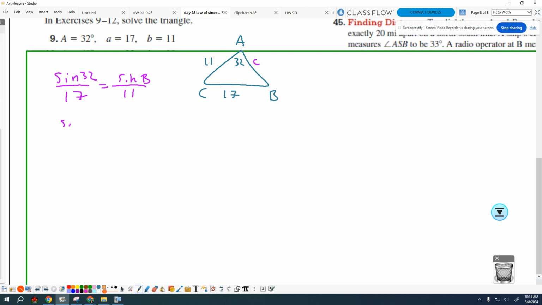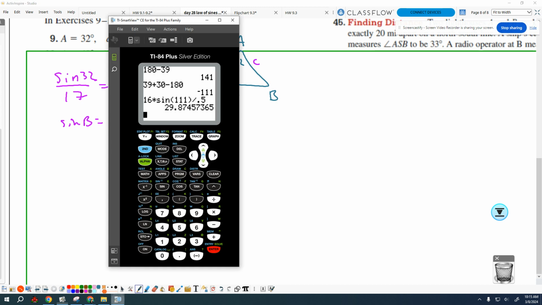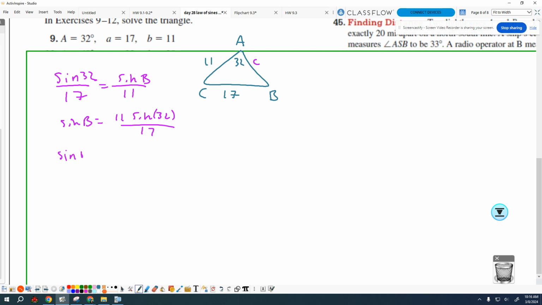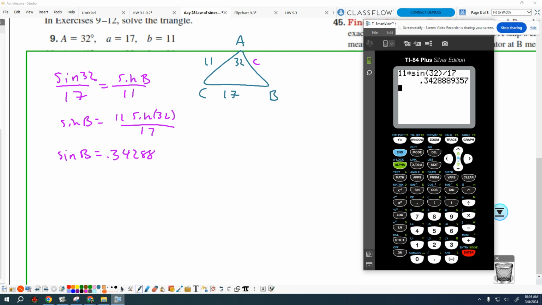Okay, so do that. Find on your calculator: sine of B equals 11 sine 32 over 17. So is my angle 0.34 degrees?